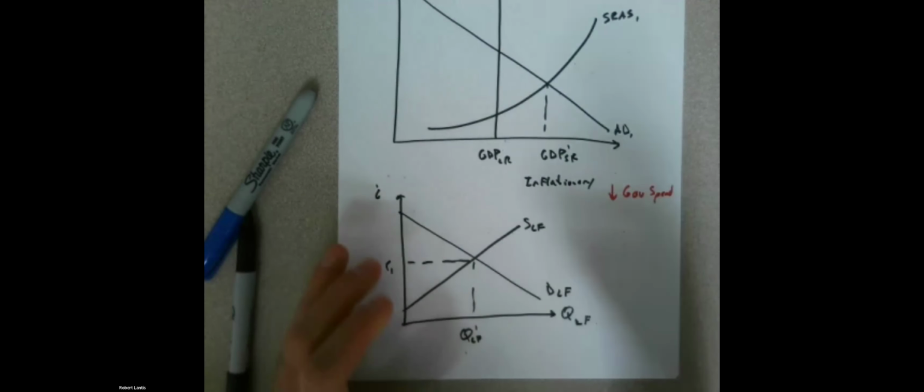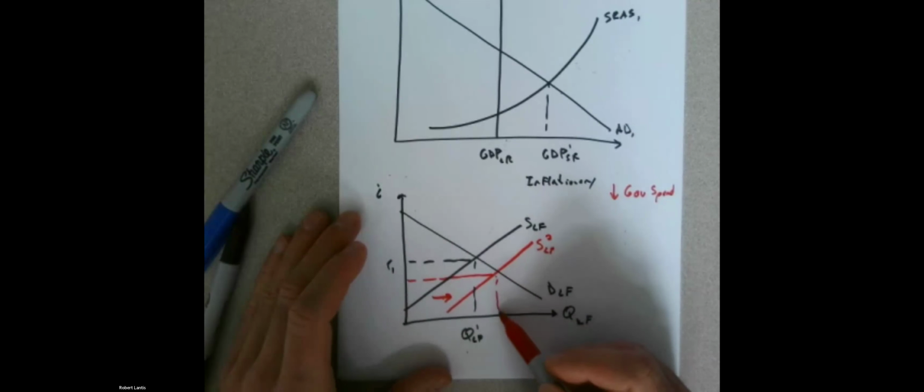Previously we started out here, but if government spending goes down, they now have more available funds to invest or take out loans. And so we would see the supply of loanable funds increase, government has more money, the public savings would increase, which does what? Push the quantity of loanable funds up.